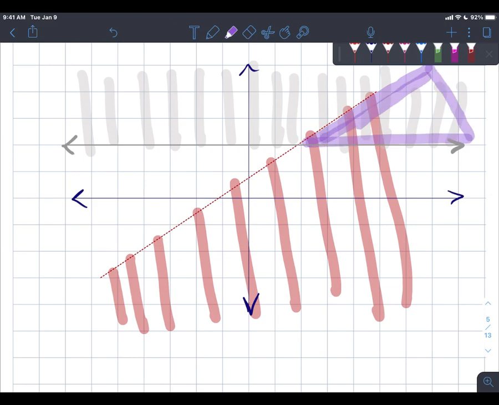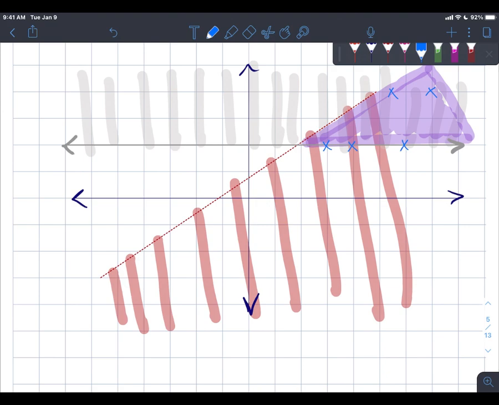So anywhere inside of this purple region, and of course extending beyond where my graph stops, is going to be a solution. So here, here, not there, because that dashed line is not part of the solution. It can be located, however, on this solid line.